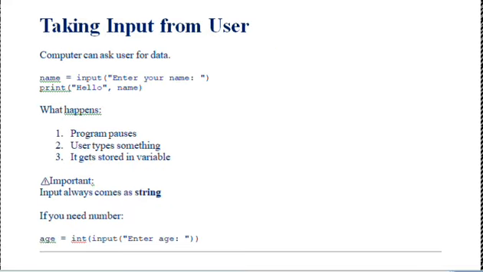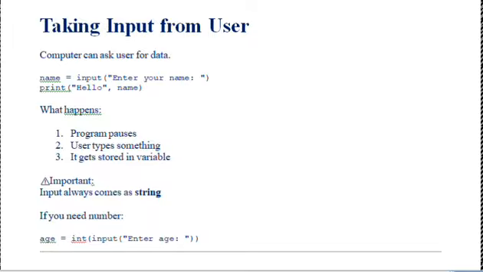Now, taking input from the user. How do we take input from the user? We are not defining any name or number or boolean values. We are asking the user to enter the data which is required. When it asks the user to enter data, the program will pause and wait until the user types something, and the data entered by the user will be stored in the variable.